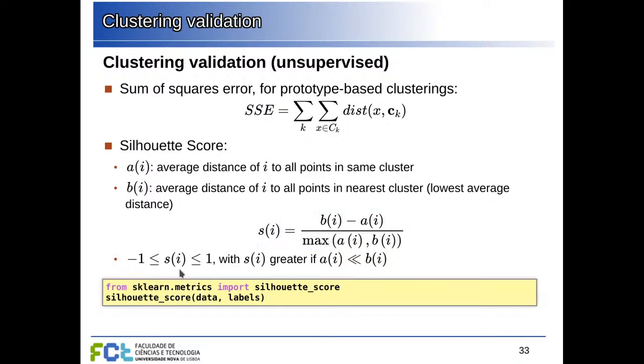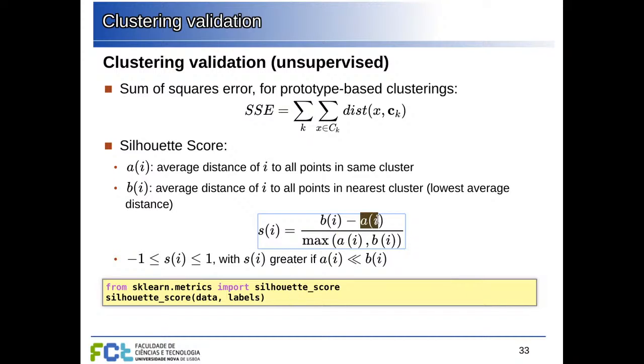So basically this is a value that can range from -1 to 1. If it's -1, it means that the average distance to points in the nearest other cluster is smaller than the average distance to points in the same cluster. This becomes negative, and it can approach -1 if, for example, B is close to 0 and A is dominating the term. In this case, this will be divided by A, and we get -1 for the silhouette score.